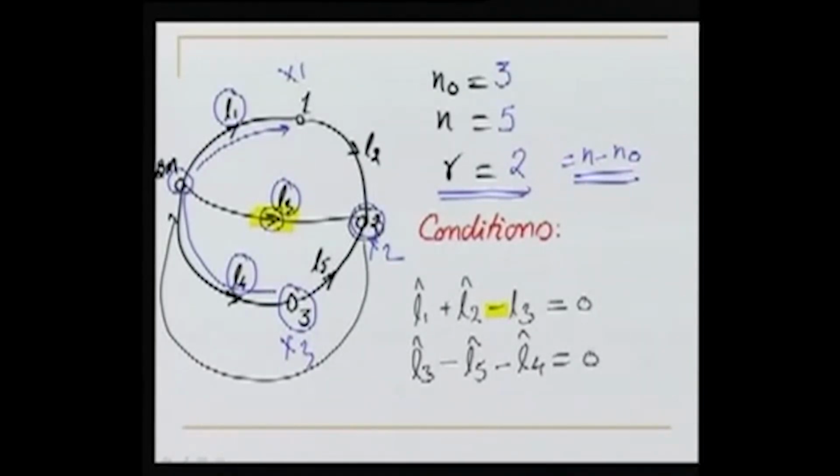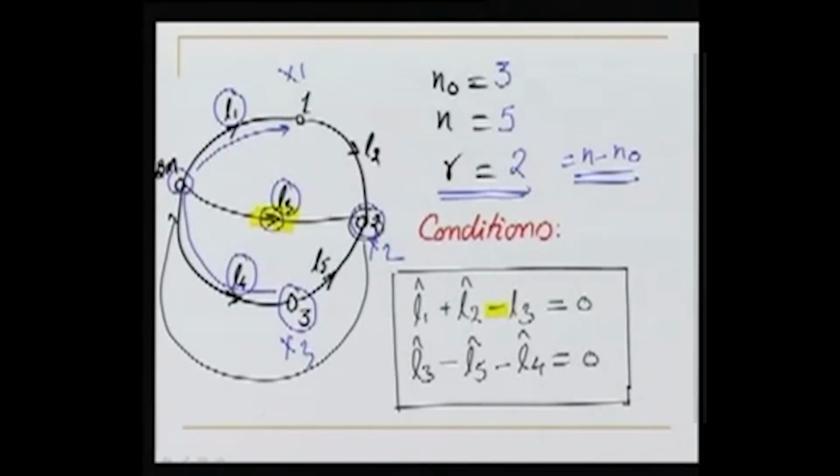So what we have done, these are 2 independent condition equations. So the condition equations basically have a form of this, because these are the conditional equations. This is a matrix notation here.